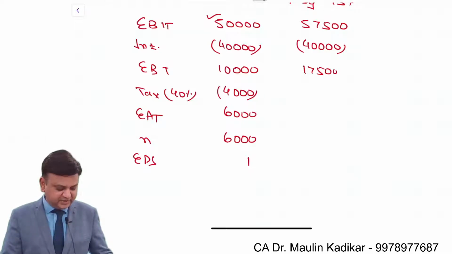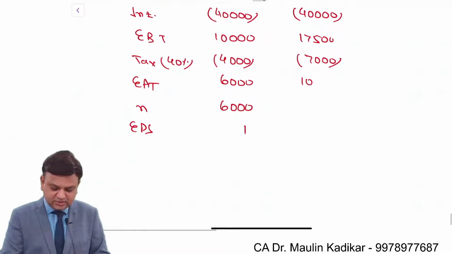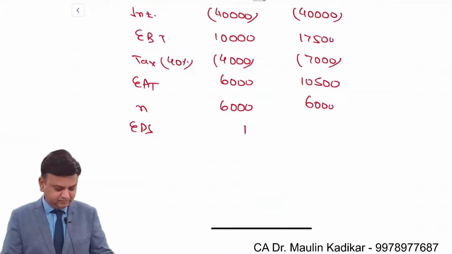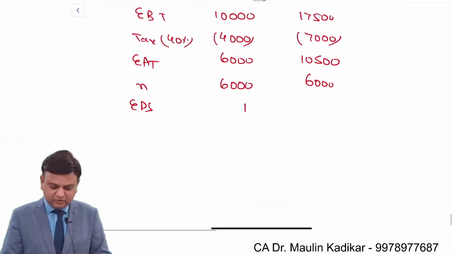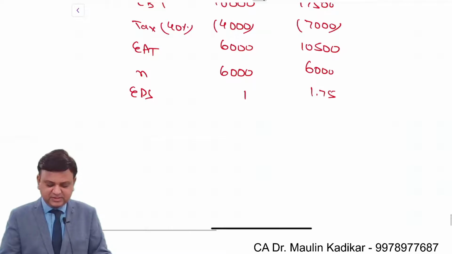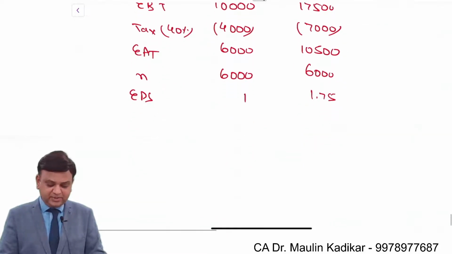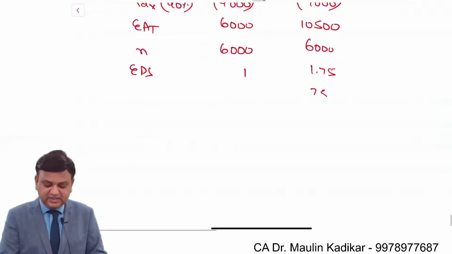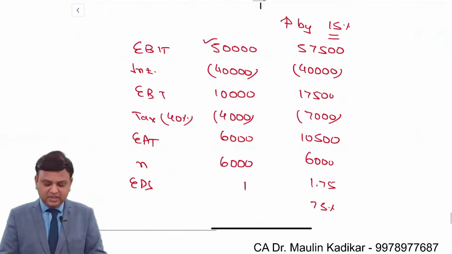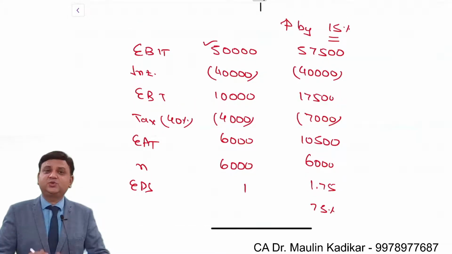Then the amount of tax is 7,000. This is 10,500, and with 6,000 shares, this is ₹1.75. So when your operating income increases by 15%, your earning per share increases by 75%. Management is very happy.